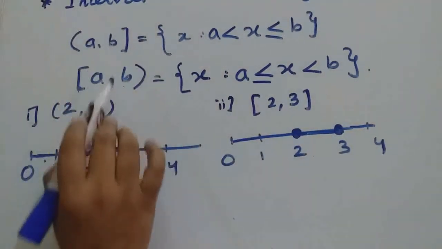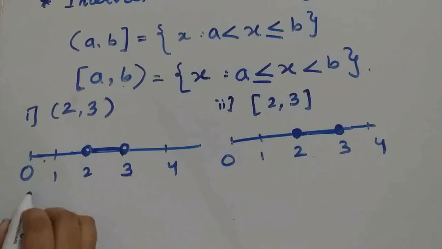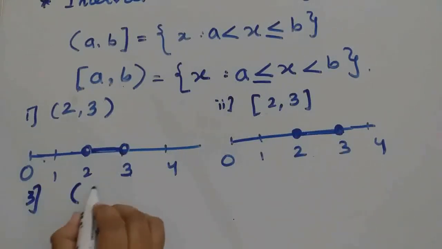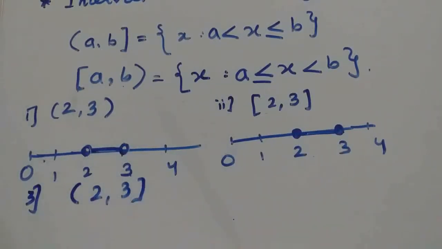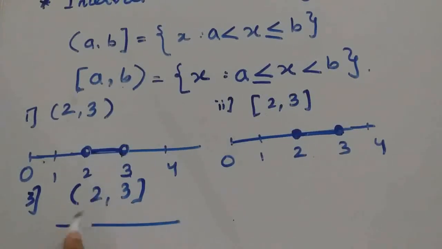Let's take an example of semi-open, semi-closed. Suppose (2, 3]. This time the numbers between 2 and 3, and this hole represents 2 is excluded and this dot represents 3 is included.